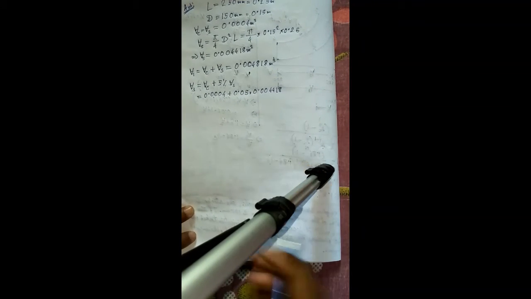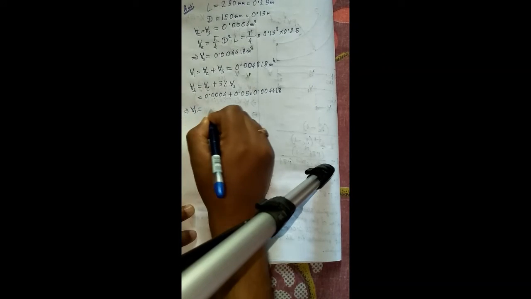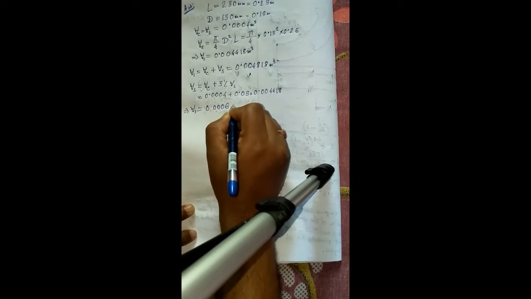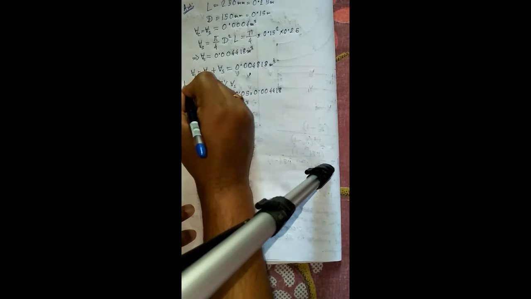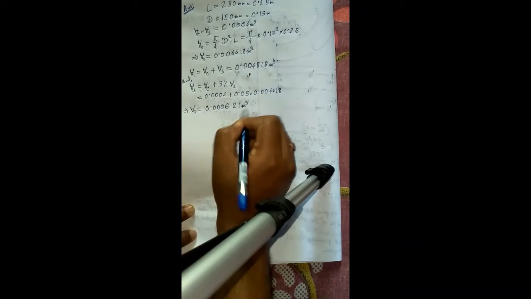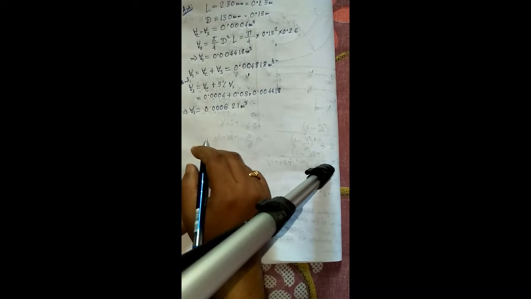So the value of V3 is 0.0000621 meter cube.